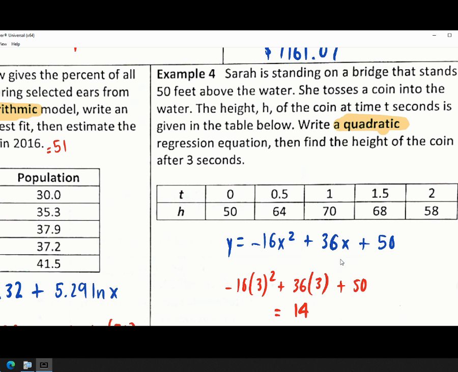Now what was this in? It was height, wasn't it? It originally was in feet, so it's going to stay in feet. It's going to be at 14 feet after 3 seconds, according to our data. Okay? That's our prediction. Any questions with this?